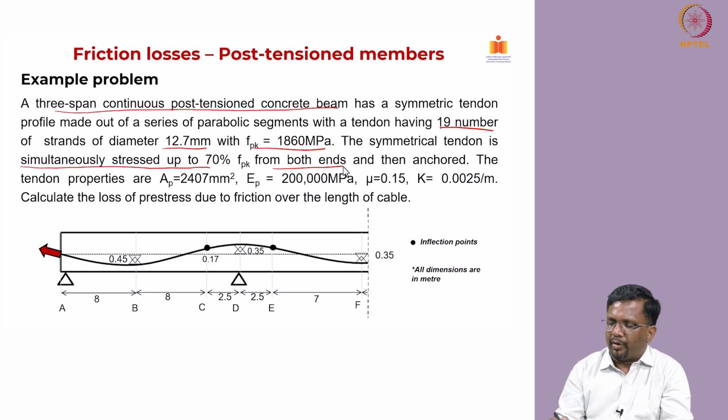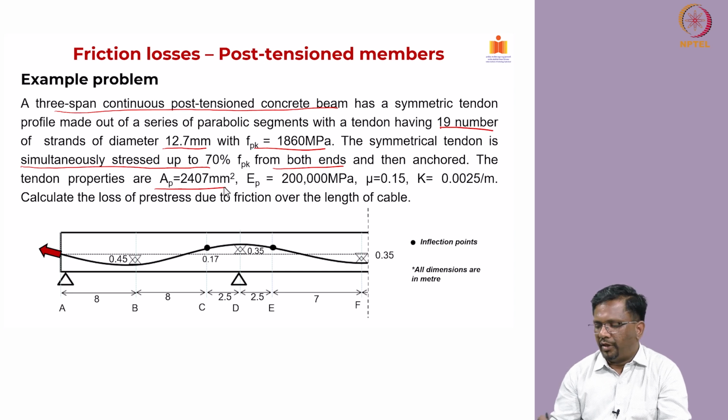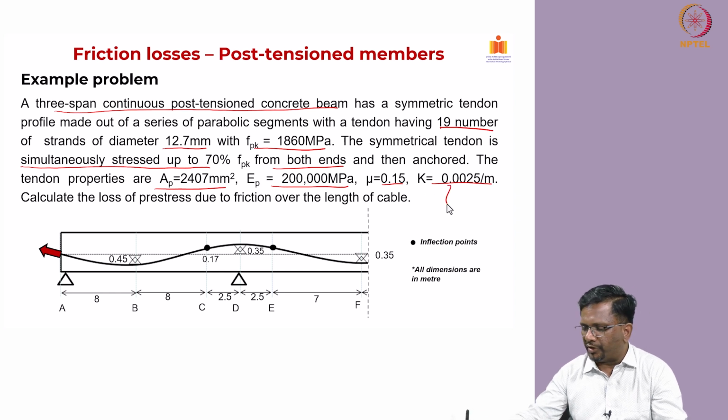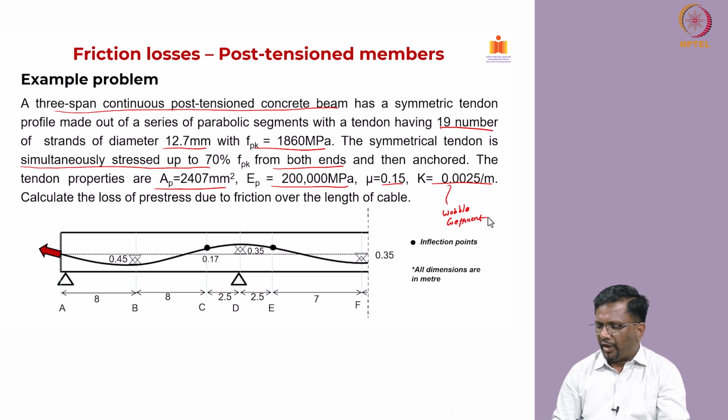Now, the tendon properties are: area of the tendon is 2407 millimeter square, modulus of elasticity is this, coefficient of friction is this, and K is this, the wobble coefficient. And this is the geometry of the beam that is already given.